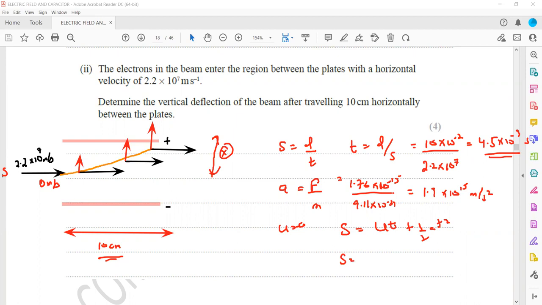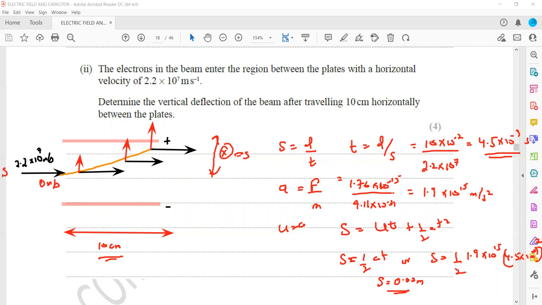So s is equal to ½ times a, the acceleration, which is 1.9 × 10^15, and t is the time it takes, which is 4.5 × 10^-9, squared. When we simplify this, it will be 0.02 meter. So the vertical displacement is equal to 0.02 meter.